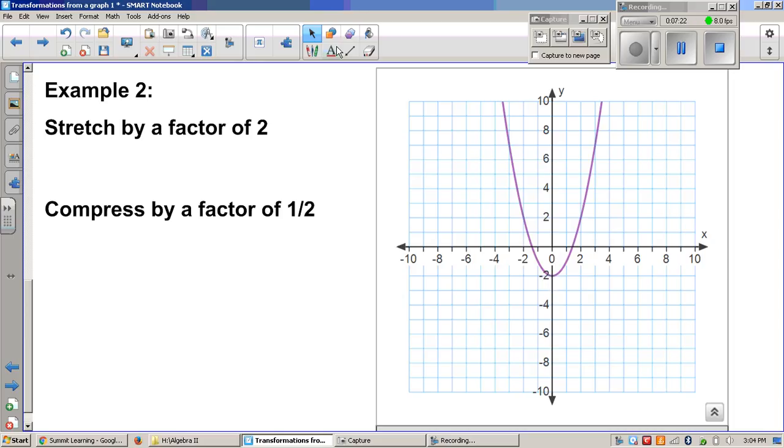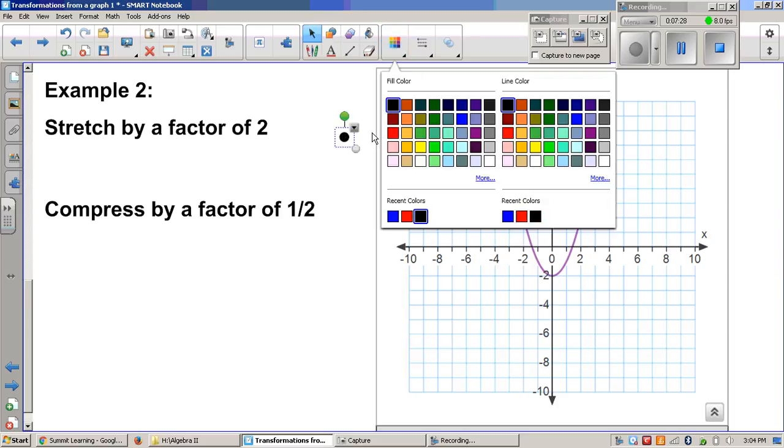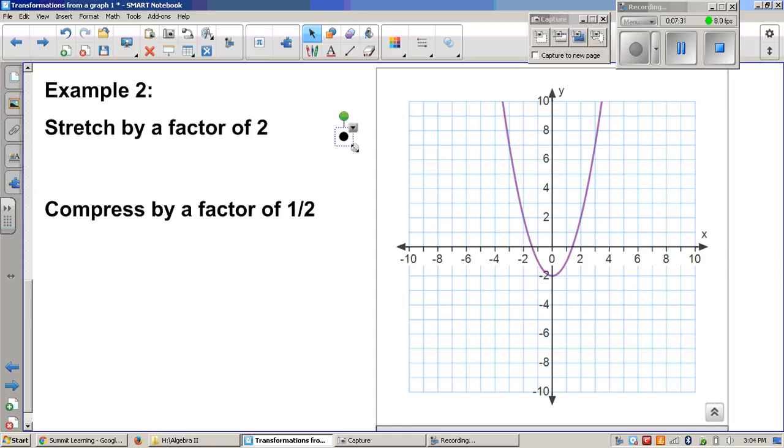So if I were to look at this one and go through the same process, although I'm not going to do it with as many points to expedite the process here. So I'm going to do this one, and then that point, and then that point. At least I'm going to do these for the stretch part.